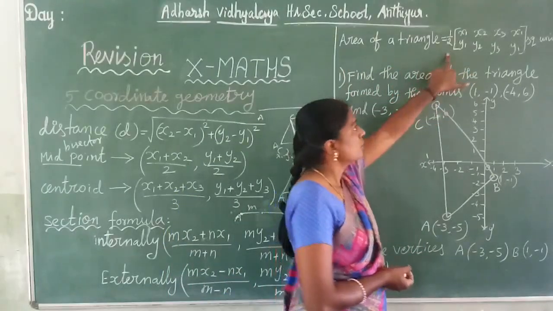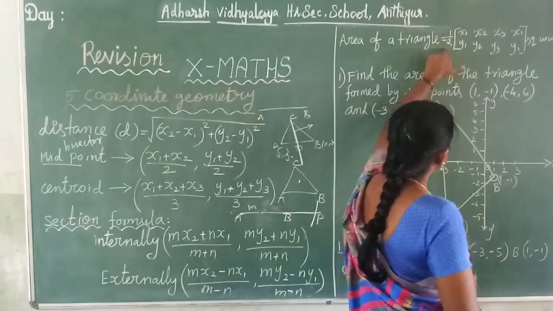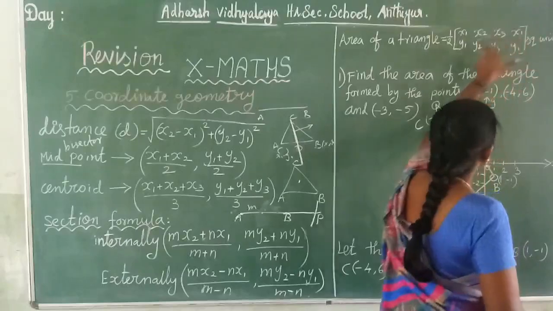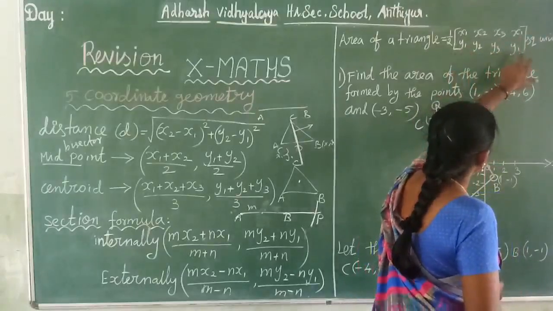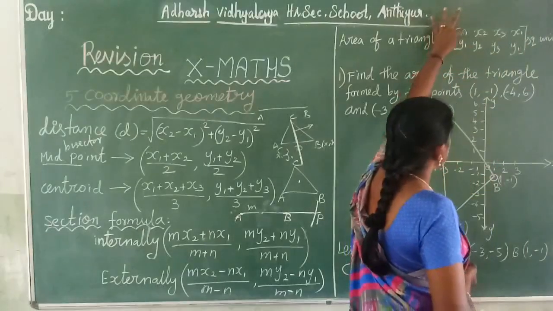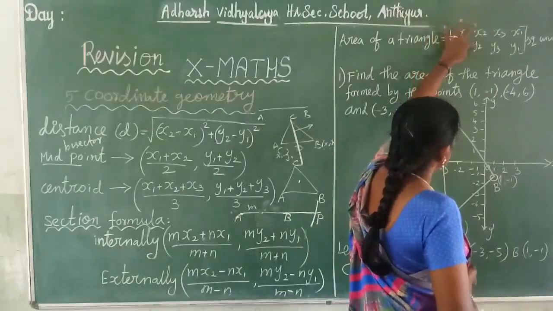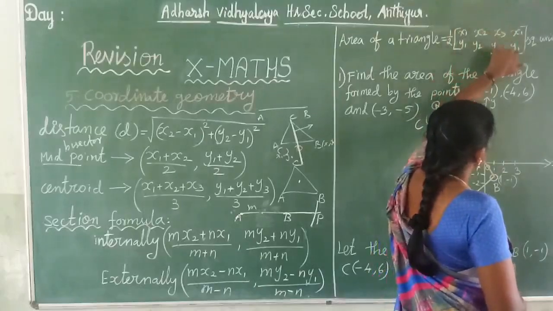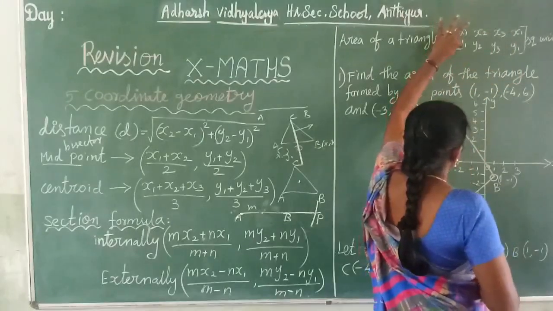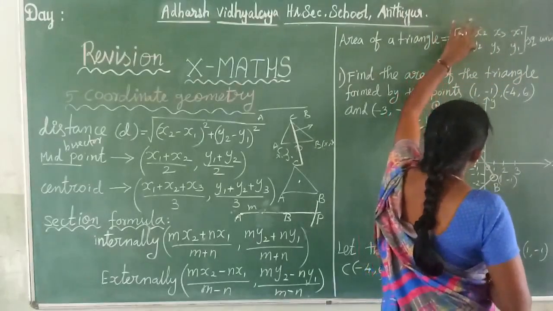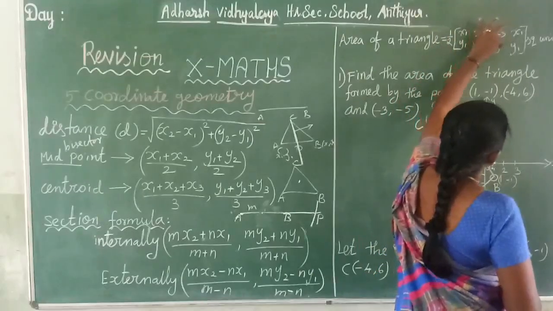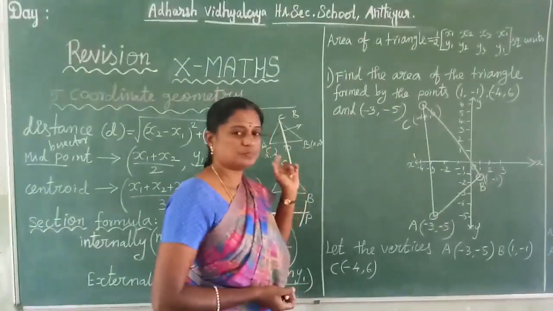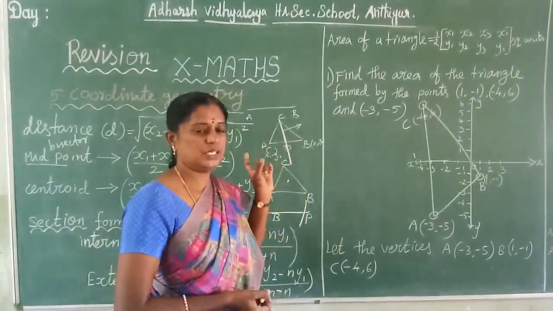We consider the formula 1 by 2 times: write x1 x2 x3 and again x1, then y1 y2 y3 and again y1, and then multiply: x1 y2 plus x2 y3 plus x3 y1 minus y1 x2 plus y2 x3 plus y3 x1. You simplify and you get the answer. This is a very important question.